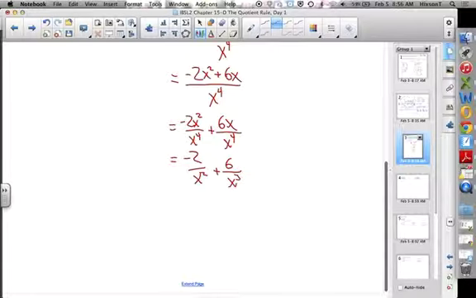Now, there will be others where you have to find the derivative and there may be no other good way to do it other than the quotient rule or the product rule. How can we know which one we should use? Well, I'm trying to help you figure out which method to use as we go.